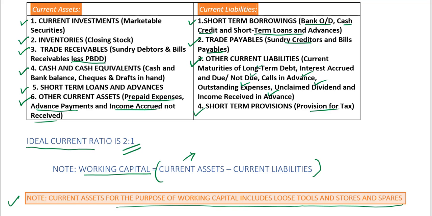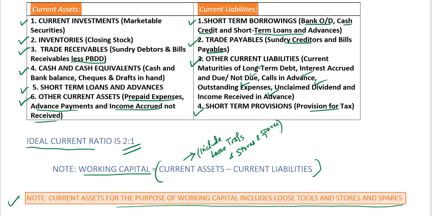So while taking the current assets for the purpose of calculation of working capital, please include the loose tools and stores and spares. So we've dealt with current ratio.